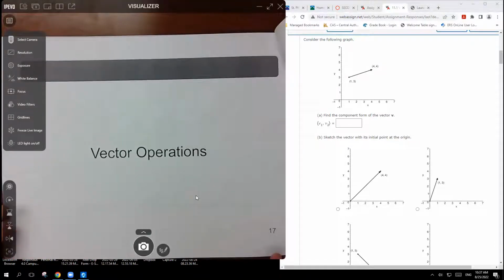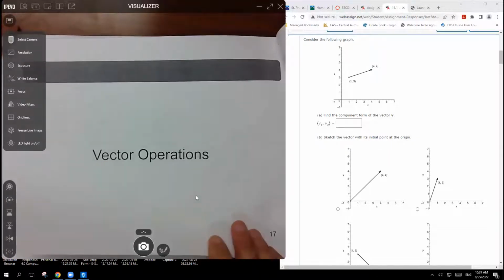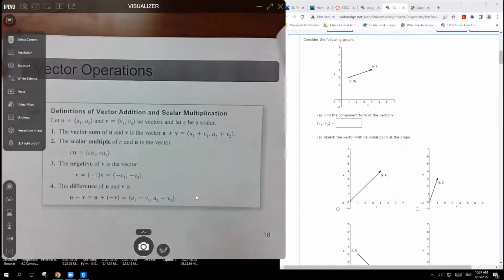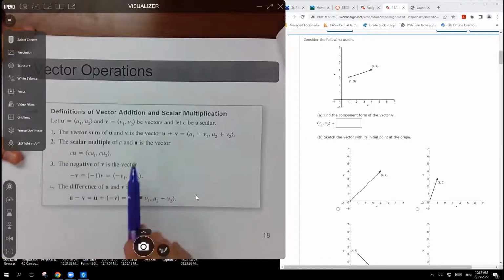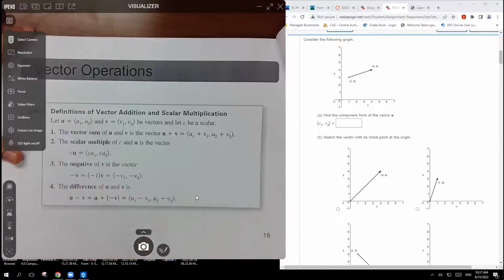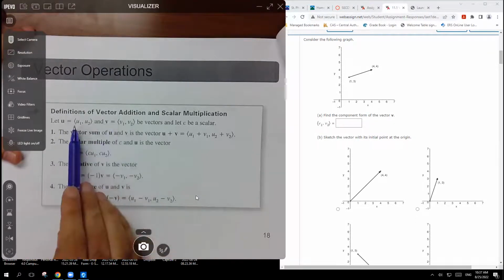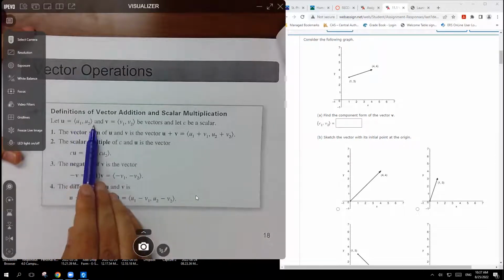Now we're just going to go to the vector operations. Not that much hard. Here is the important division. Always you have to know this one. You have two vectors, and we're always going to write them in the component form.